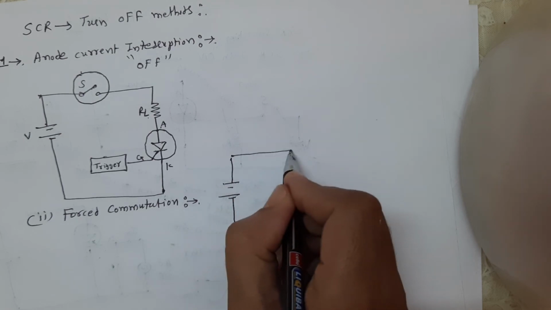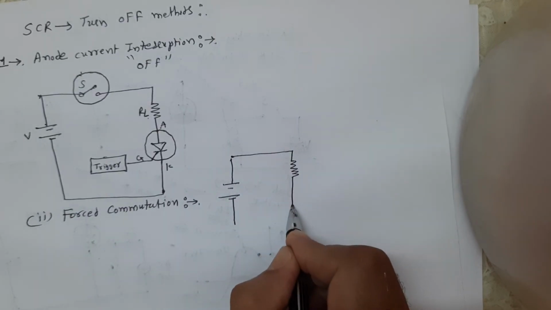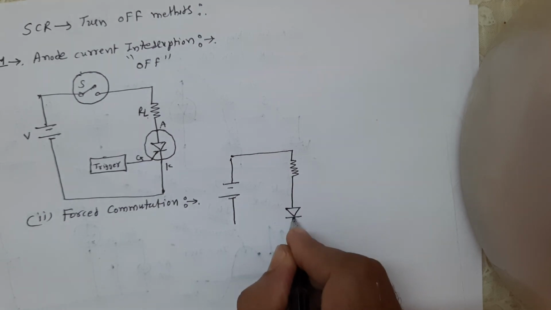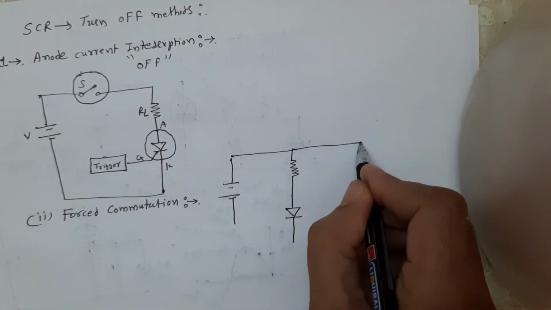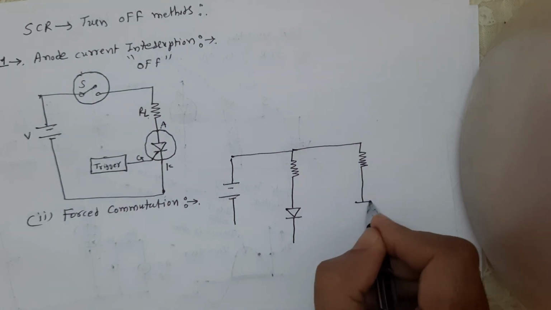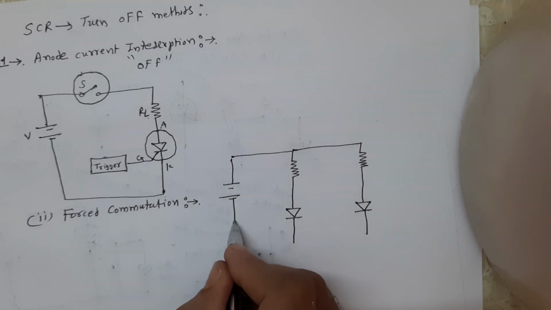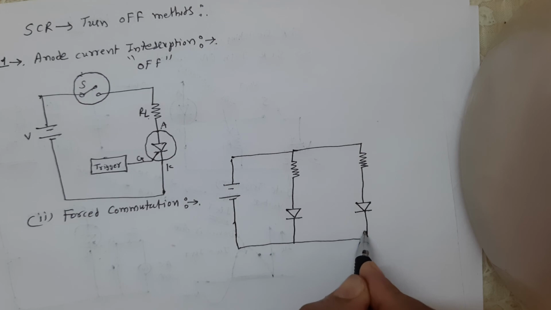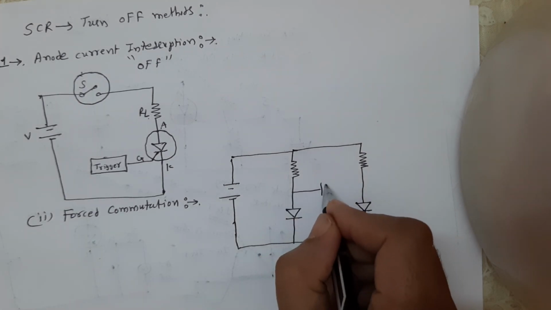Then there is the first load RL, one SCR, a second load R, a second SCR, and this is connected to the ground line. In between these, there is a capacitor.